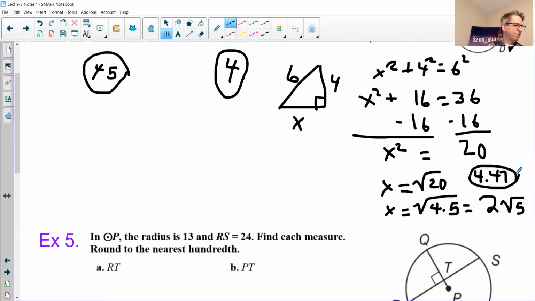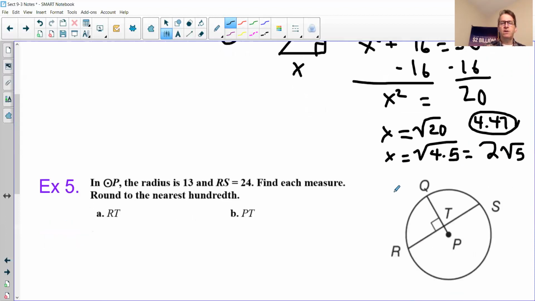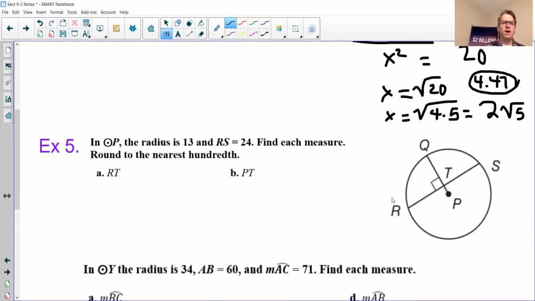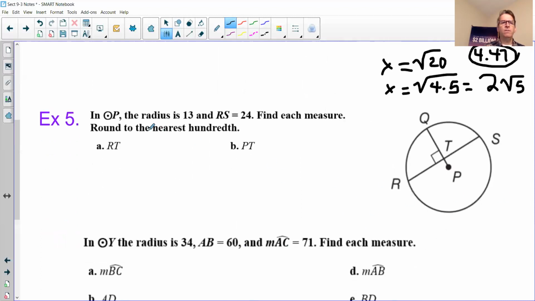Example 5. In circle P, the radius is 13 and RS is 24. Find each measure, round to the nearest hundredth. Okay. So if you look at this circle here, we're told that the radius is 13, so you can mark that right away.